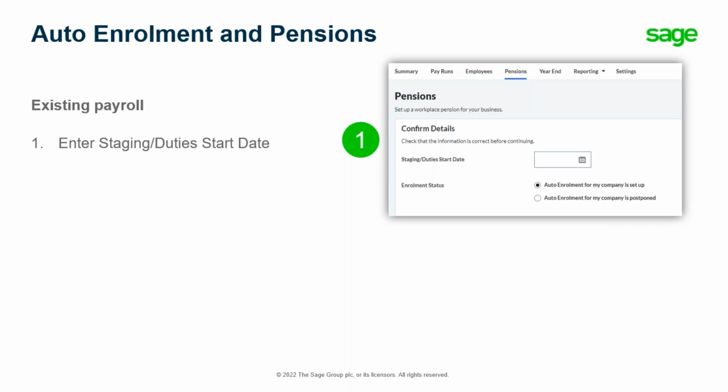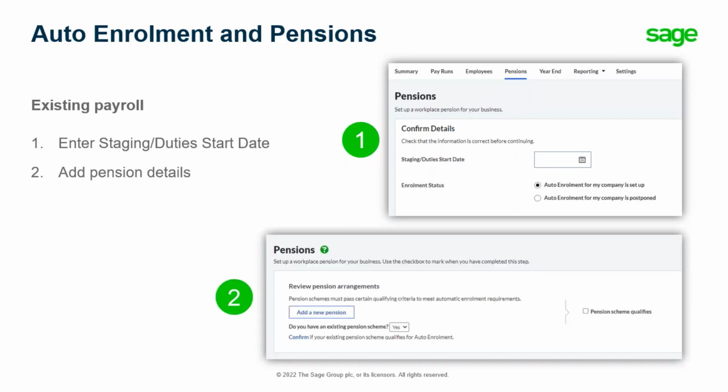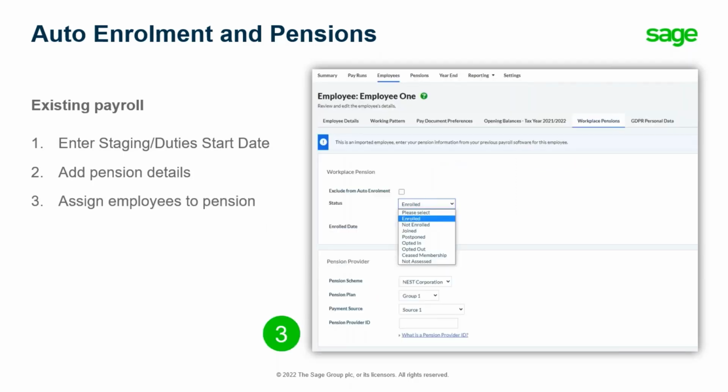You might be able to find that in your old payroll software. If you're not sure what it is, look for any communications from the pensions regulator, or if you contact the pensions regulator, they will be able to clarify what that was. You need to add your pension scheme details. And then the third step will be to assign your employees to the pension.